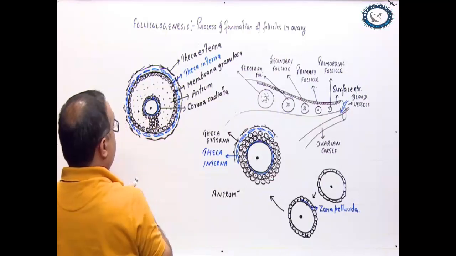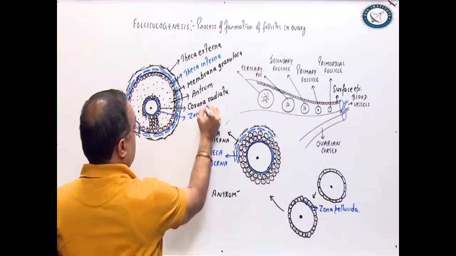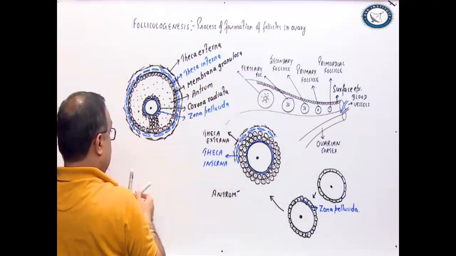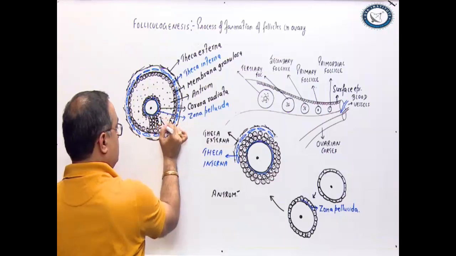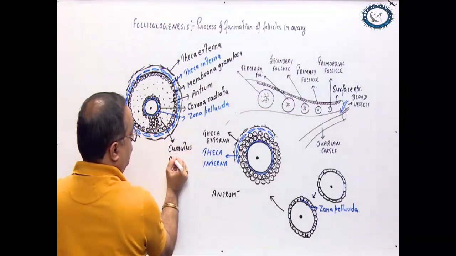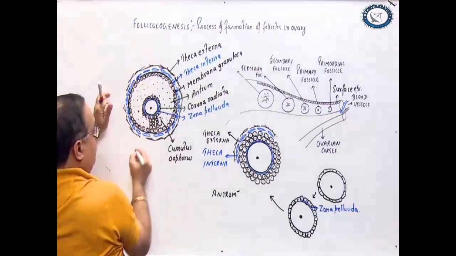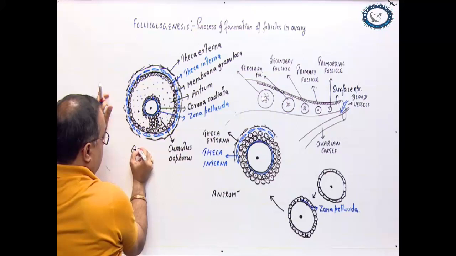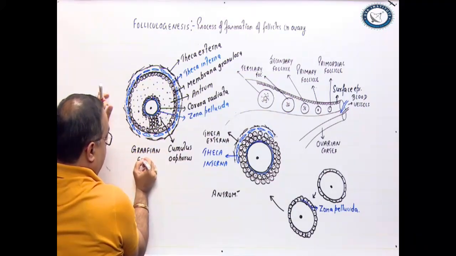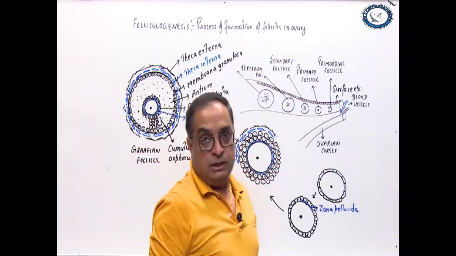Below that, with the blue color, we have shown zona pellucida, glycoproteinaceous layer. And this mass of cells is what is cumulus oophorus. This diagram is of Graafian follicle, the final mature follicle which undergoes ovulation.